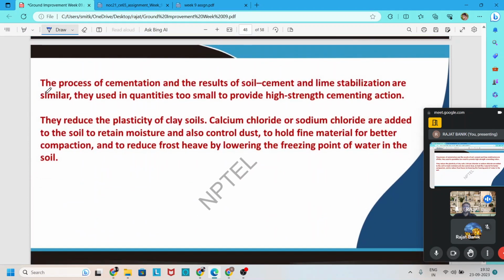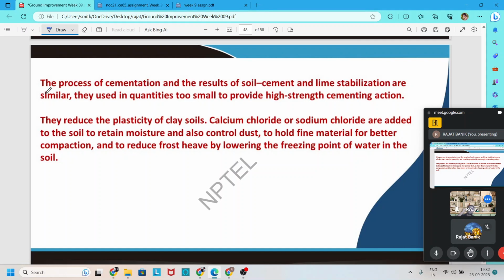The process of cementation and the result of soil cement and lime are similar.